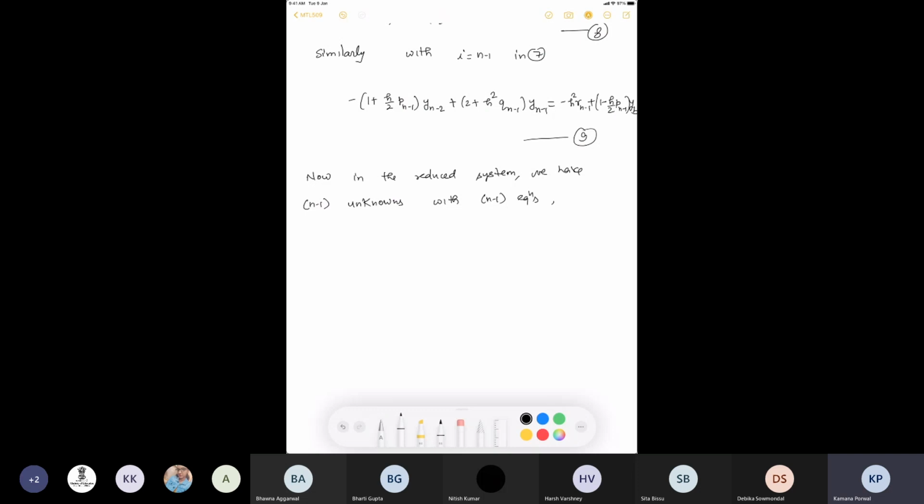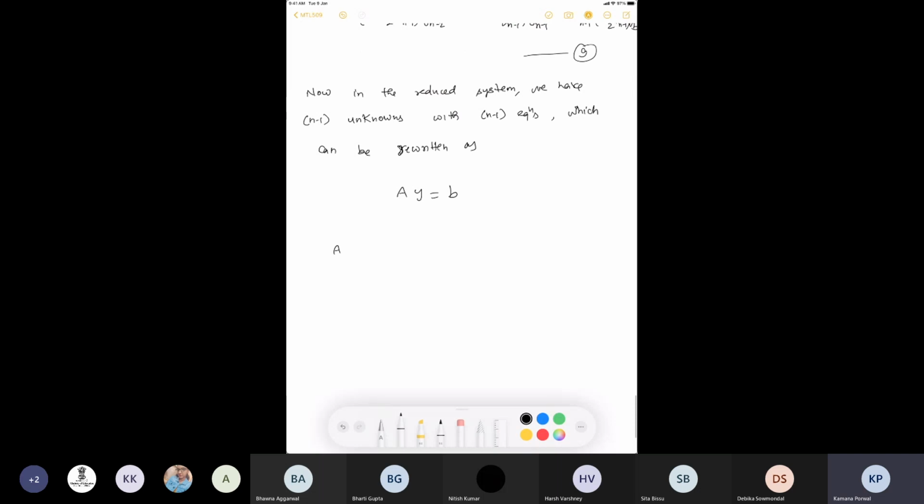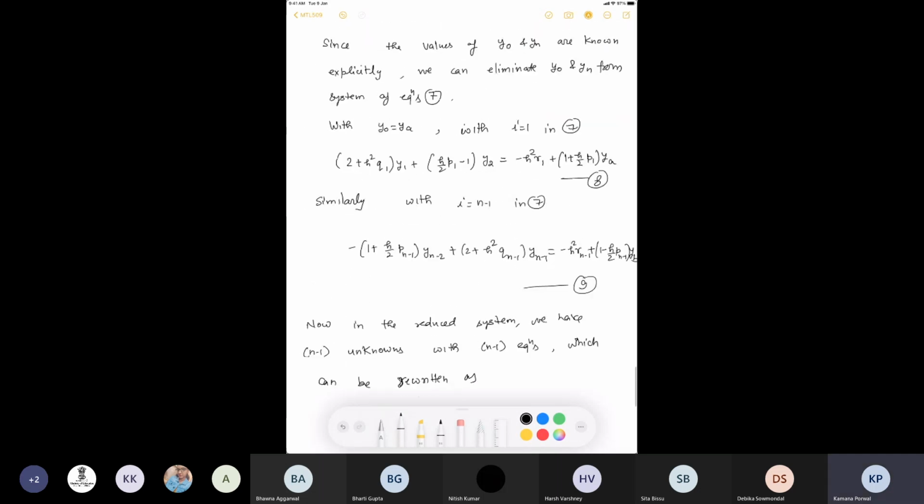Okay, and which can be rewritten as AY equals B, where the matrix A is going to be, let me define it here first.